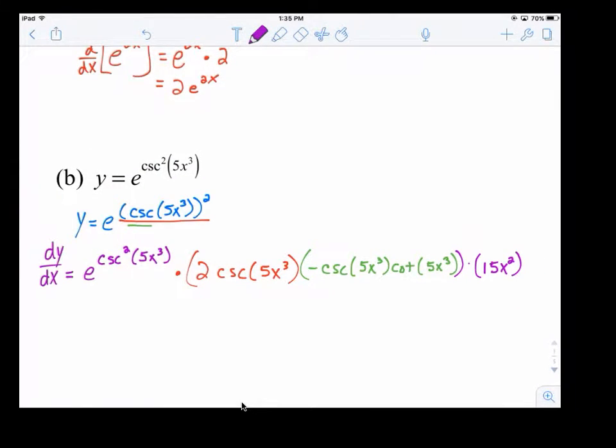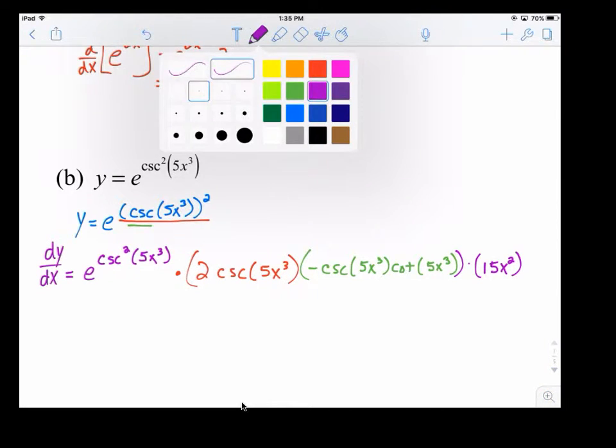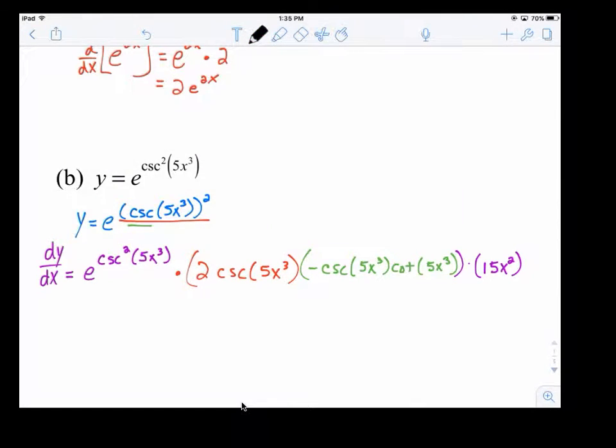All right, now you just clean it up. So I see that I have a 2, a negative 1, and a 15. So I'm going to put that out front. So I have negative 30 x squared e to the cosecant squared of 5x cubed.